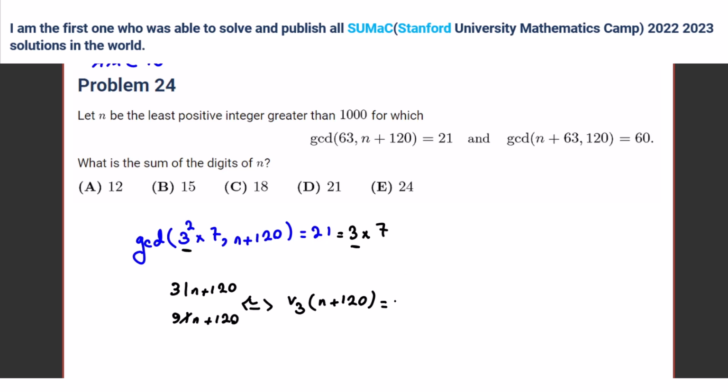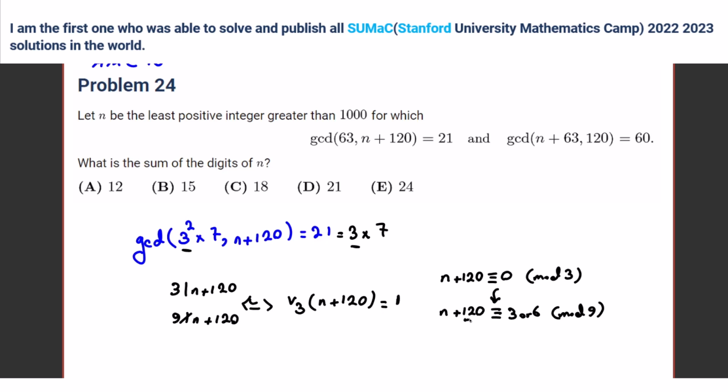So V3 is 1, exactly. So by this part, because V3 is 1, n plus 120 is 0 mod 3, right? Yeah. N plus 120 is what mod 9? It can be exactly 3 or 6.